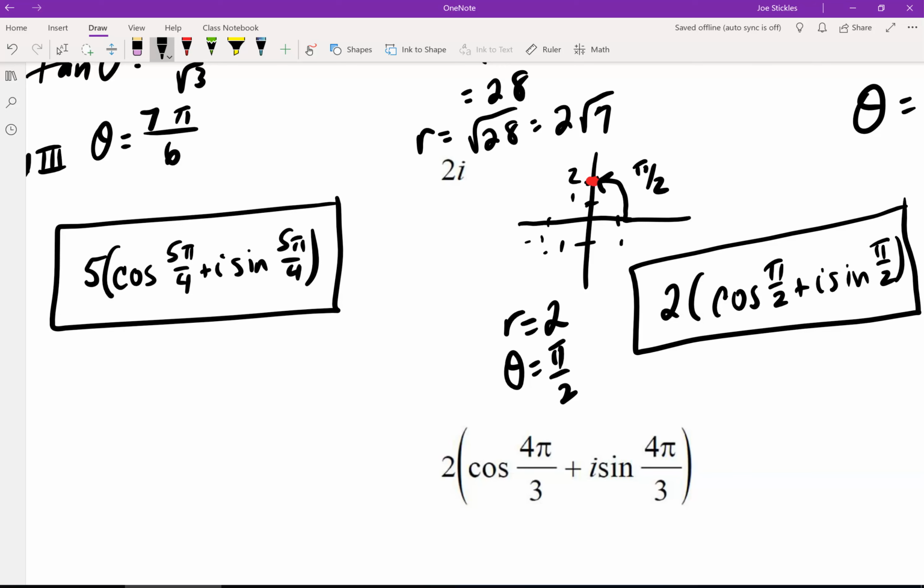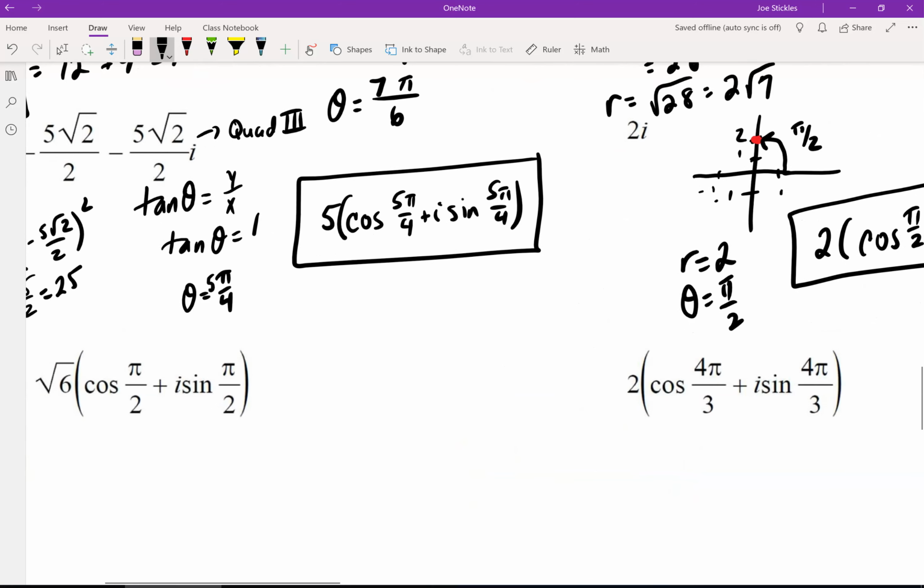If you can convert rectangular coordinates to polar coordinates, then you can convert rectangular forms of complex numbers to polar forms of complex numbers. And it's even easier to go the other way. Okay?